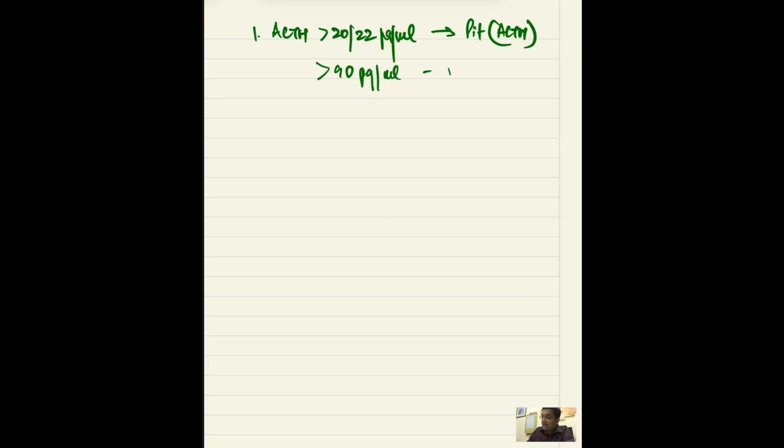What are the other clues they could have given? If the ACTH is more than 20 or 22 picogram per ml, then it is a pituitary dependent or ACTH dependent cause. But if it is more than 90 picogram per ml, then it is an ectopic cause. If the HDDST is non-suppressible, it is an ectopic cause.